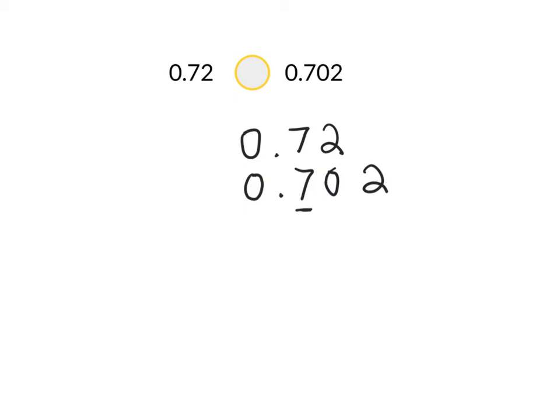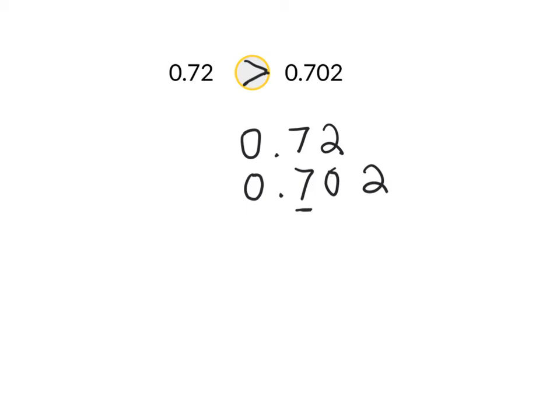So if there's a 2 in the hundredths place and a 0 in the hundredths place, I know that the one with the 2 will be larger. So 72 hundredths is greater than 702 thousandths. It all has to do with the place value.